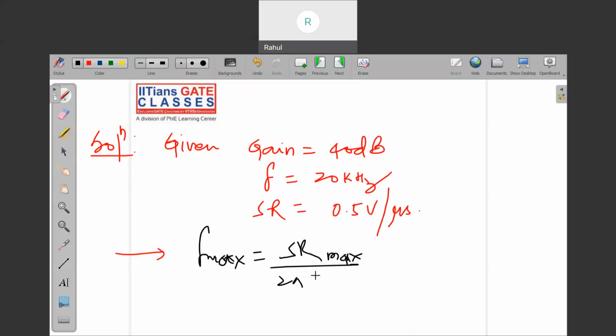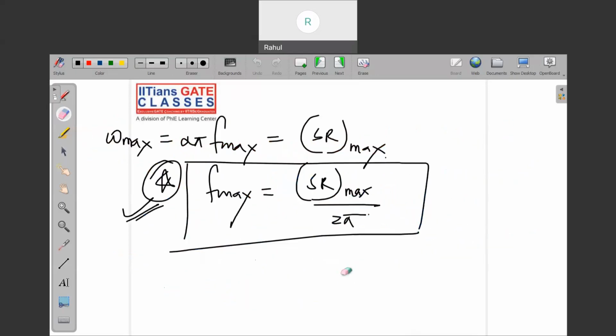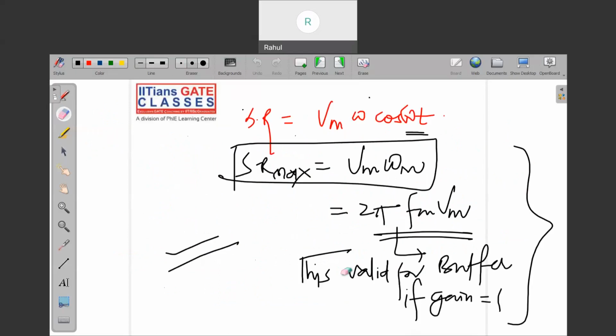2 pi. Sorry, let me erase this. What was the formula here? Let me get back and check. Yes, so slew rate maximum was what? Vm sine omega t gives Vm omega m.